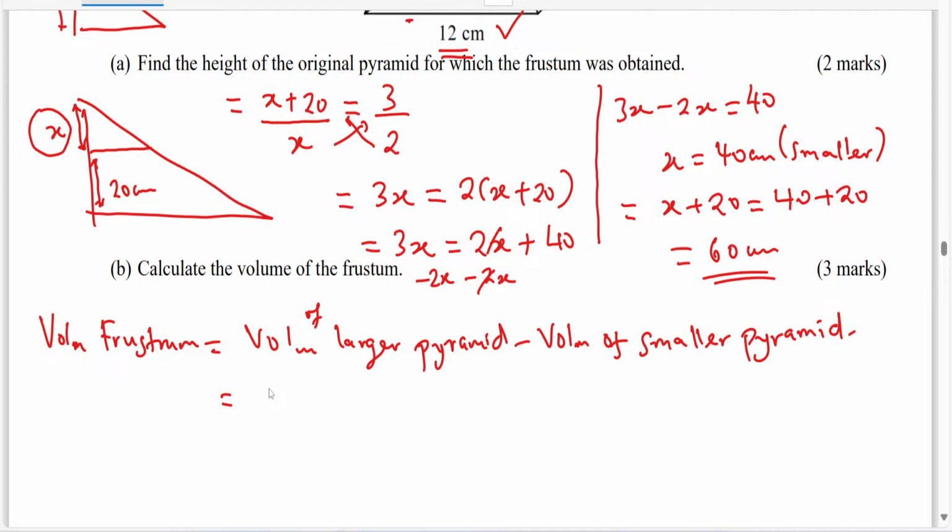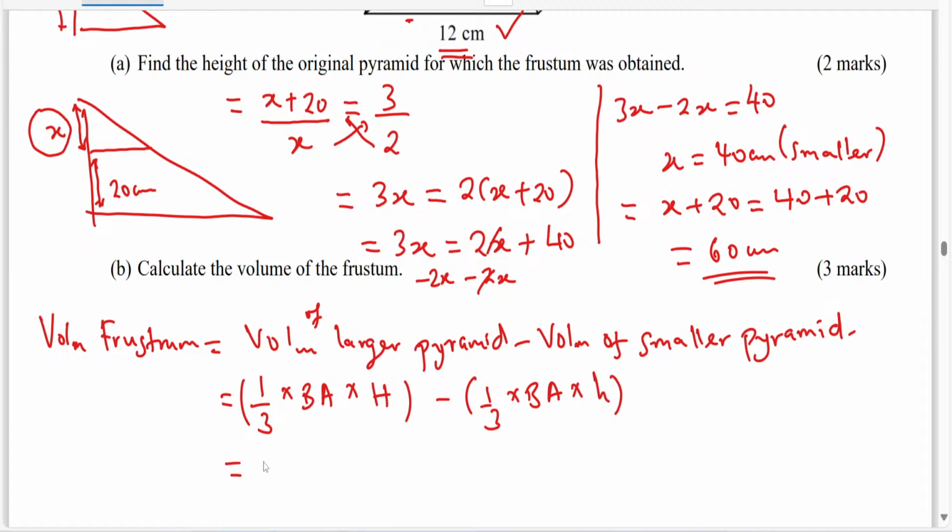given by, since this is a pyramid, a third times base area times height. So we'll take a third times your base area times the larger height, minus a third times base area, in which our base area is that rectangular part, times the small height.